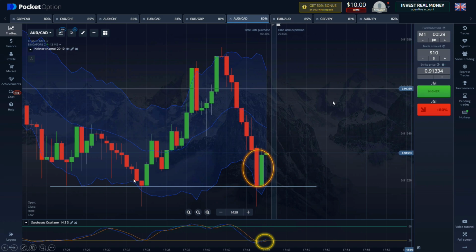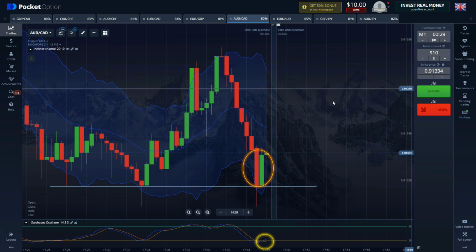Also you can see the support line here. So this is a perfect entry. That's how we are gonna trade in call option.